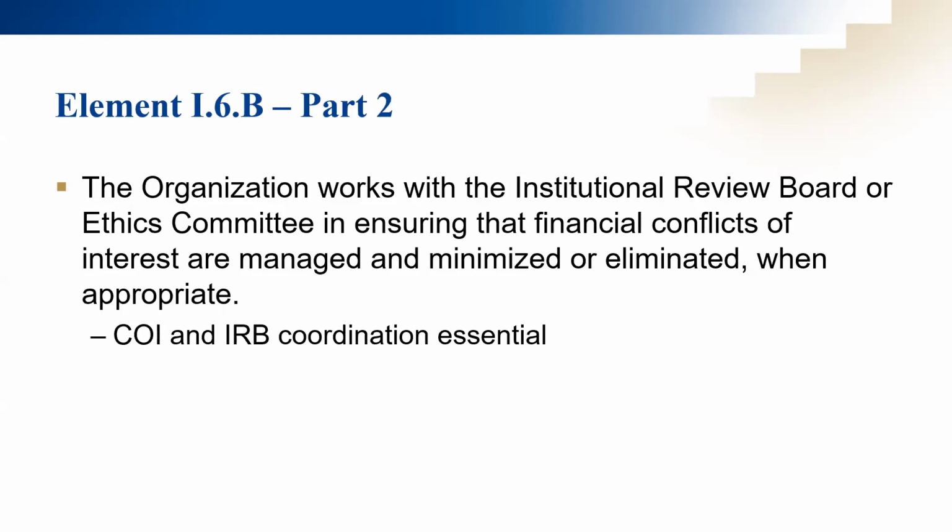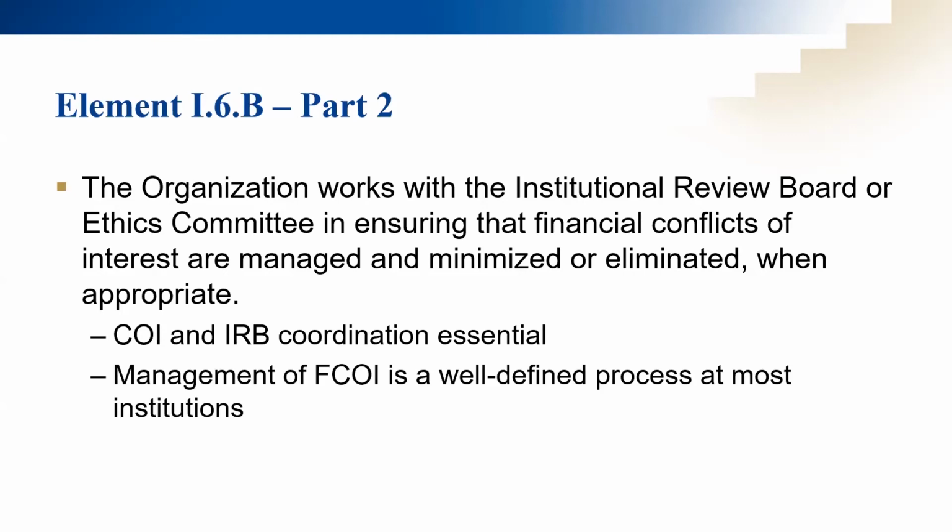That might include having members of a separate COI committee sit on and be an active participant in the IRB, and also having either IRB members or HRPP coordinators sit in the conflict of interest committee as well. However the organization decides to approach that communication element, it's important that they do that.